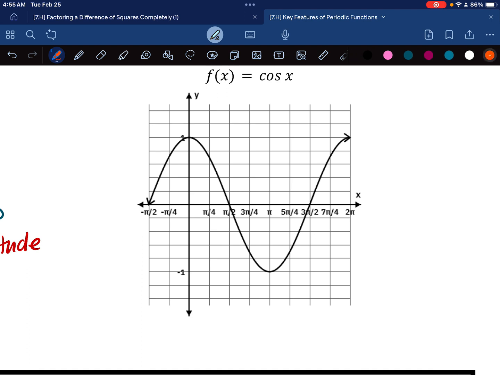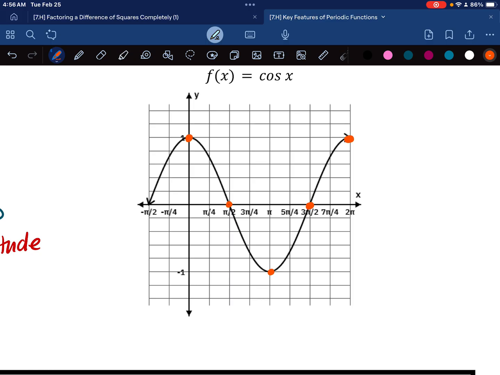Now the cosine graph, because I only have one iteration of it on here, doesn't look like it, but it looks very similar to the sine graph. You're going to see later on that you'll have a hard time telling between the sine and the cosine, because the cosine is just a slight shift to the side from the sine. So these are your 5 anchor points.